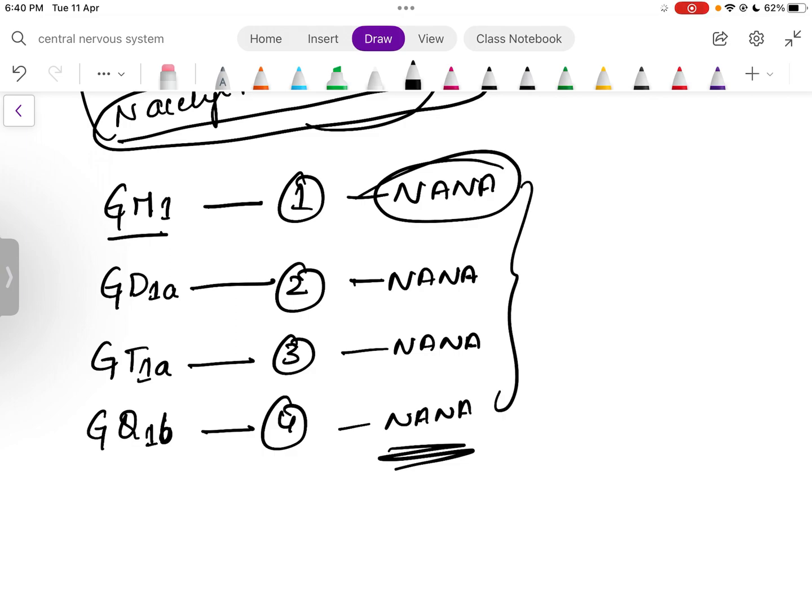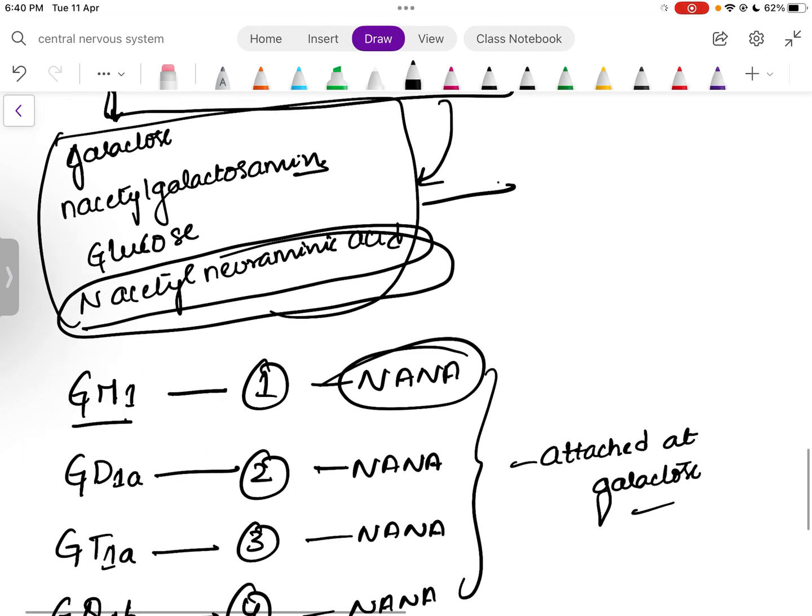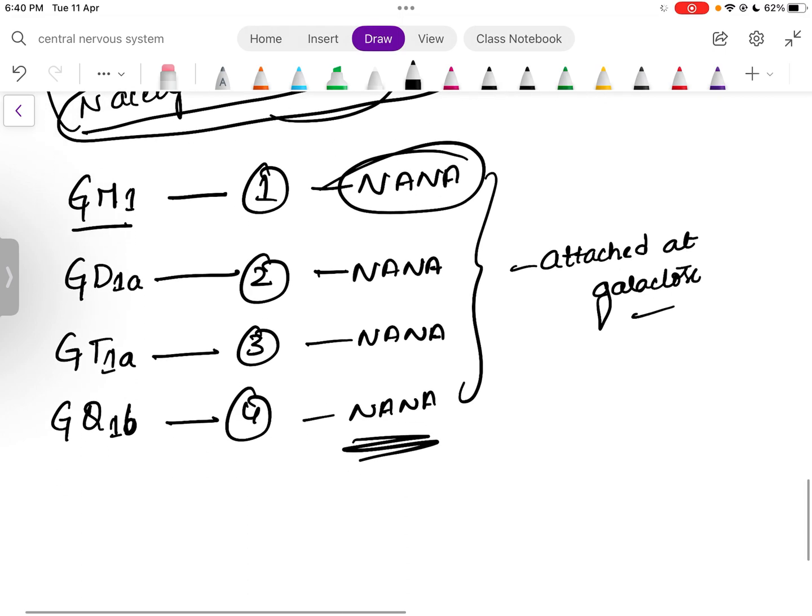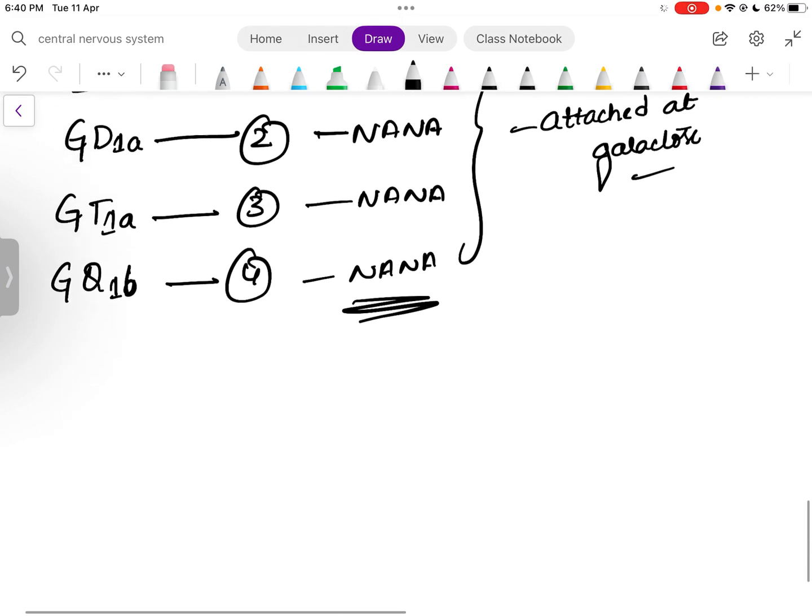These neuraminic acids are attached to galactose. All of these have one more common thing, ceramide. To this ceramide, galactose, N-acetyl galactosamine and glucose are attached, and to this galactose, N-acetyl neuraminic acid is attached. Okay, this is about gangliosides.